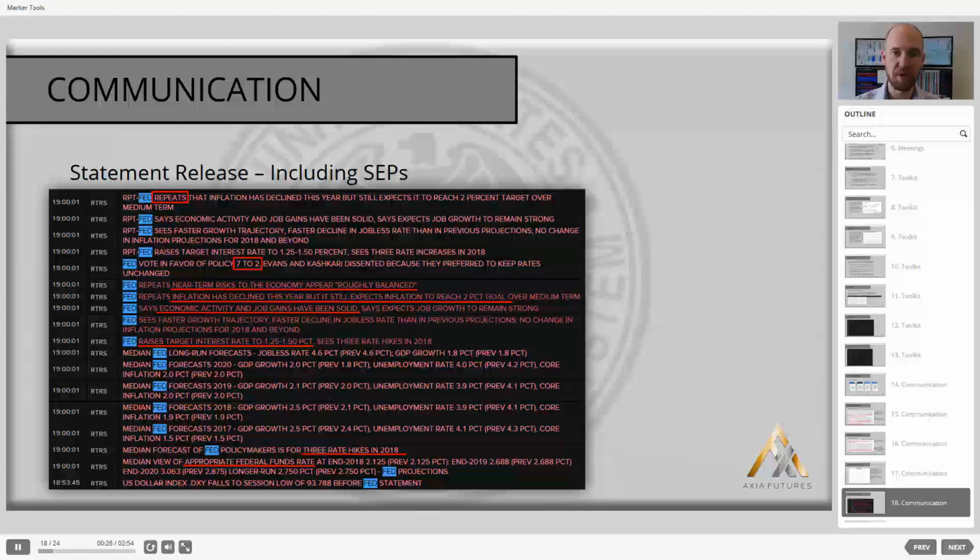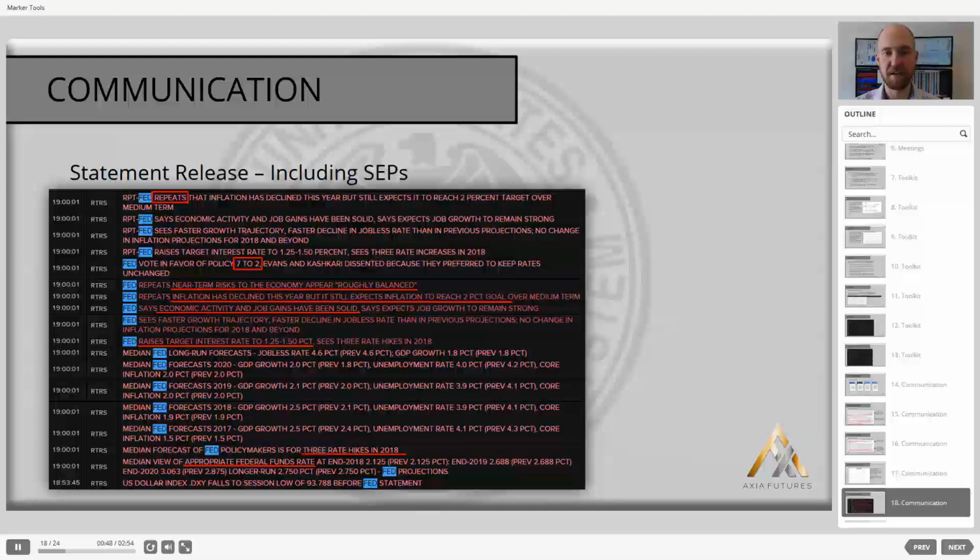Now the order these come out is quite important. First up, you will get the dots, and these are referred to as the median view of the appropriate federal funds rate. And then they will list them at the end of each year, along with the previous in brackets. So you're looking at the change between the previous and what they're now expected at.